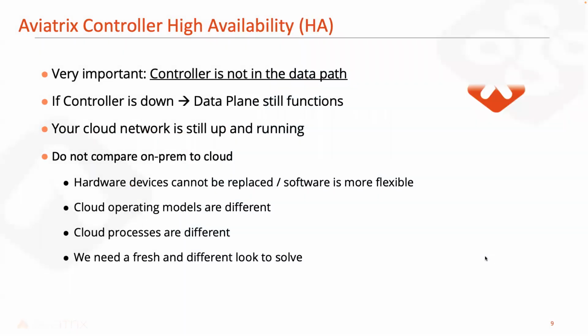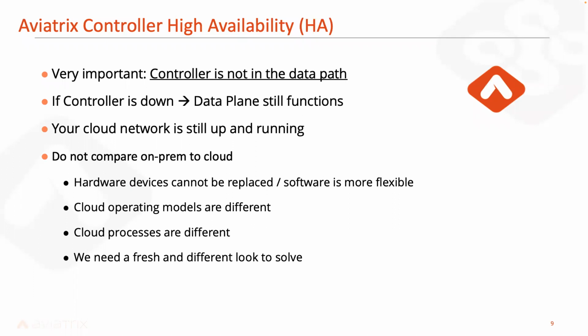Another topic is the controller high availability. One very important piece of information to always remember is that the controller is not in the data path. So if your controller goes down, the data plane continues to function fully. Your network is going to still be up and running.